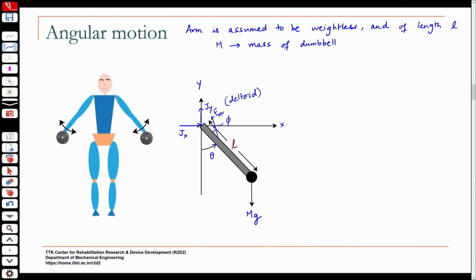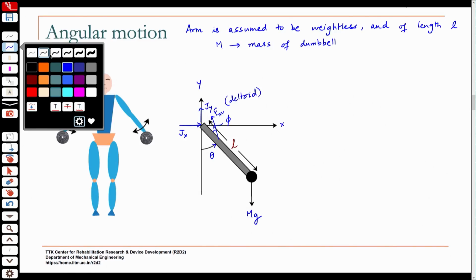So, in some cases of rotational motion, it is actually simpler to use a coordinate system other than the xy Cartesian coordinate system. We will use the r theta system.